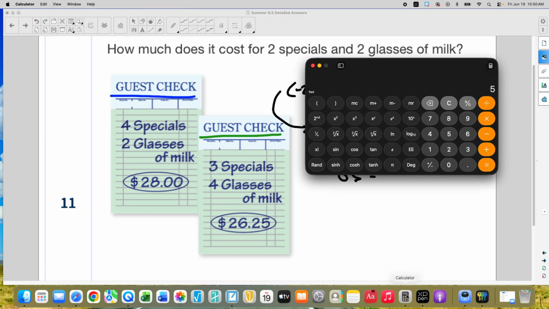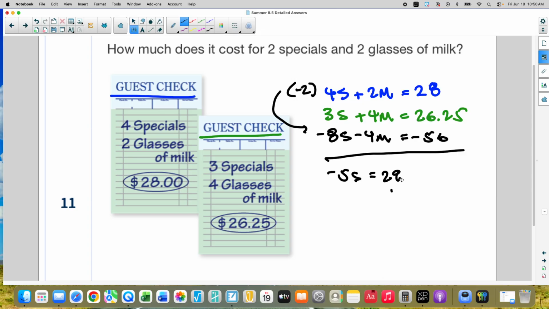No, I had to borrow. 56 minus 26.25 is 29.75. And it's negative, because we have more negatives than positives. Probably a lot of students make a mistake there.